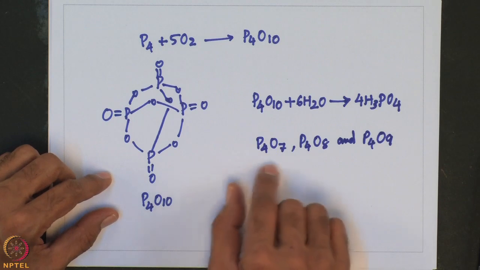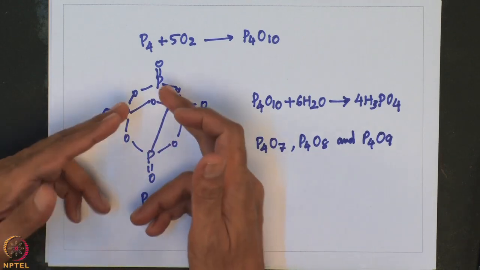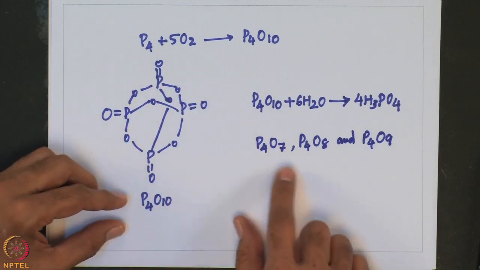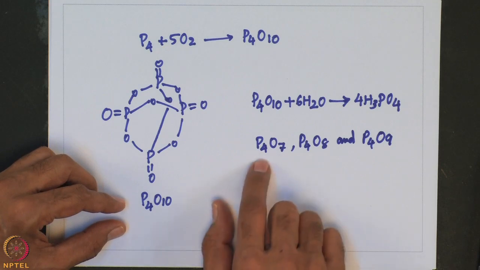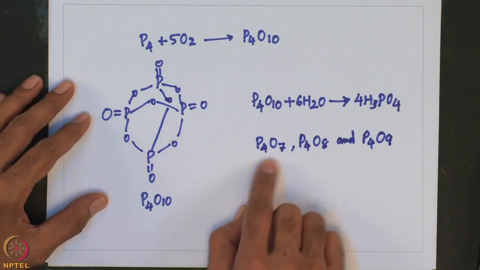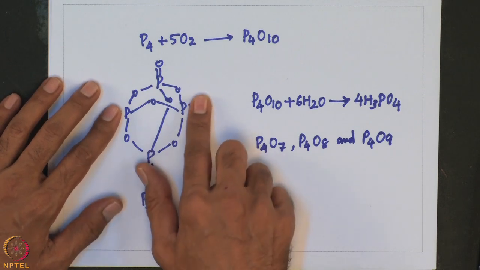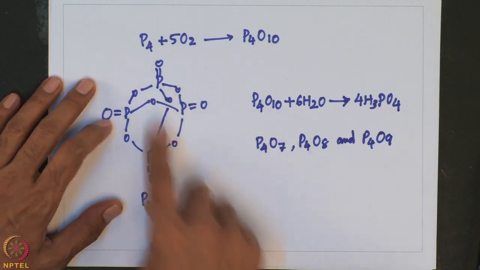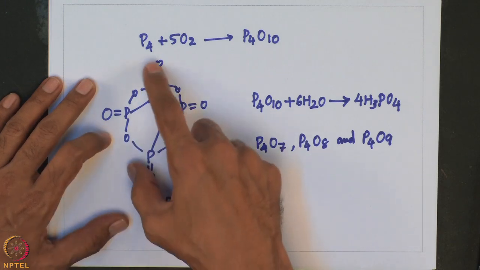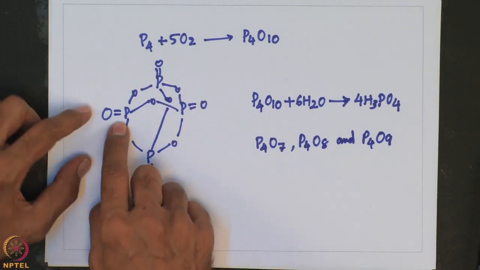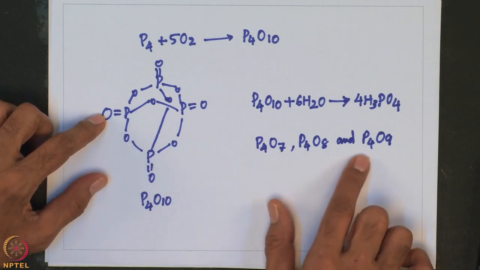For example, if we take P4O6 and start oxidizing one phosphorus at a time, we can start getting these. For example, in case of P4O7, one of the phosphorus atoms is oxidized from P4O6, and if you oxidize 2 of them, it will be P4O8, and if you oxidize 3, leaving the lone pair on one phosphorus intact, that is P4O9.